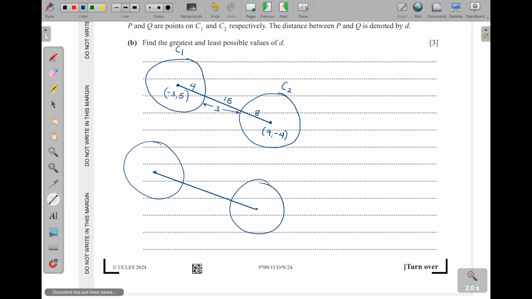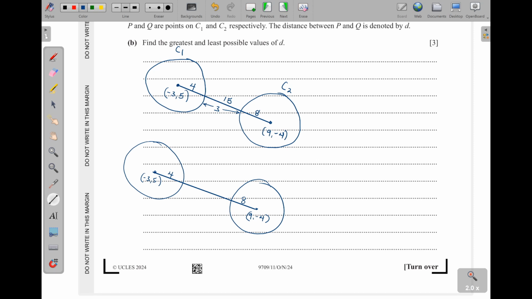One is for the least, and the other is going to be for the greatest. Now, the same thing. I have here 4 units. I have here 8 units. And this is 9, negative 4. This one is going to be negative 3, 5.